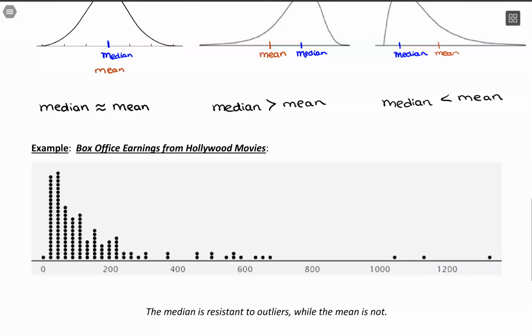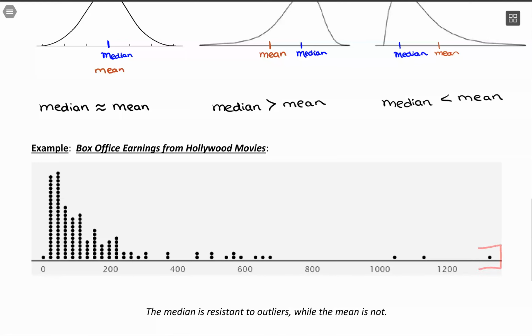What I would think for those films that had very high box office earnings is those are probably films that are sequels or have a strong following. Maybe it's an adaptation of a book with a really large following. In fact, I remember from this data set, I know this film all the way to the right-hand side was the last Harry Potter film.